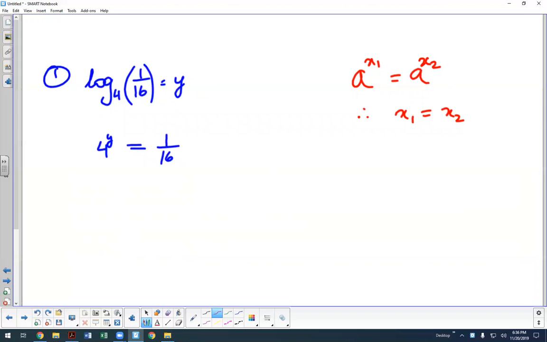So the idea is if I can get both my bases to be the same value, then using the one-to-one property, we can say our two exponents are equal to each other. So that's what we're trying to do here. Once we convert this into the exponential notation, we need to try and get the same base on both sides. So how can I write the number 16 as base 4 to some exponent?